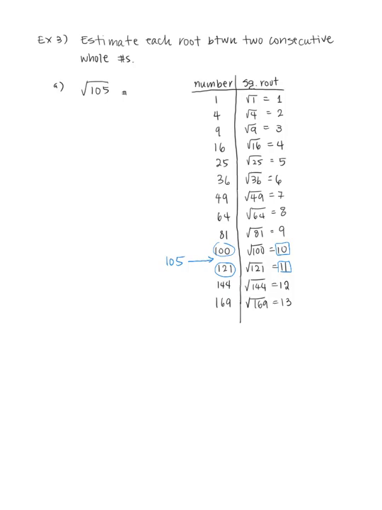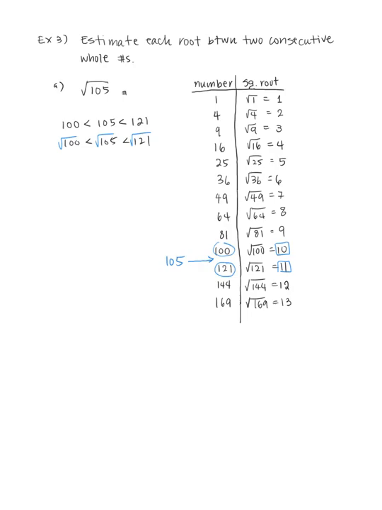Now let's write this out. We just found that 105 is between 100 and 121, and again, 100 and 121 are both perfect squares. If I take the square root of everything, let me rewrite the problem.